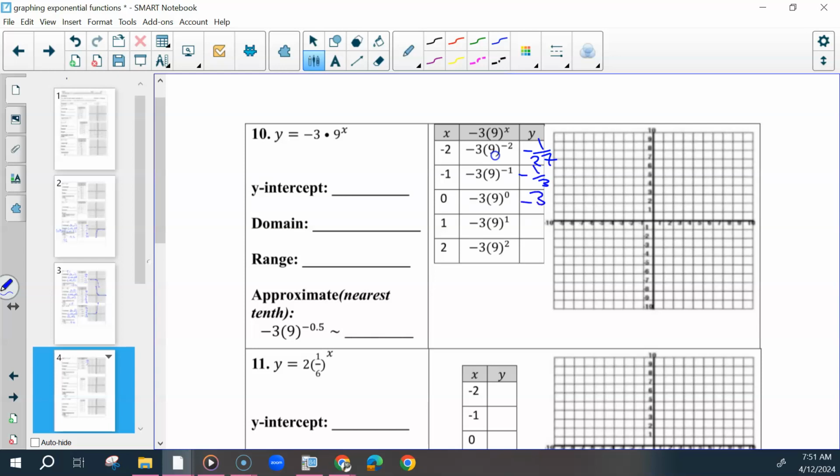Really, once you find one and find the next one, if you find the pattern, which is multiplying each set by positive 9, then this next one would be negative 27. Negative 243. Okay. And then graph those.